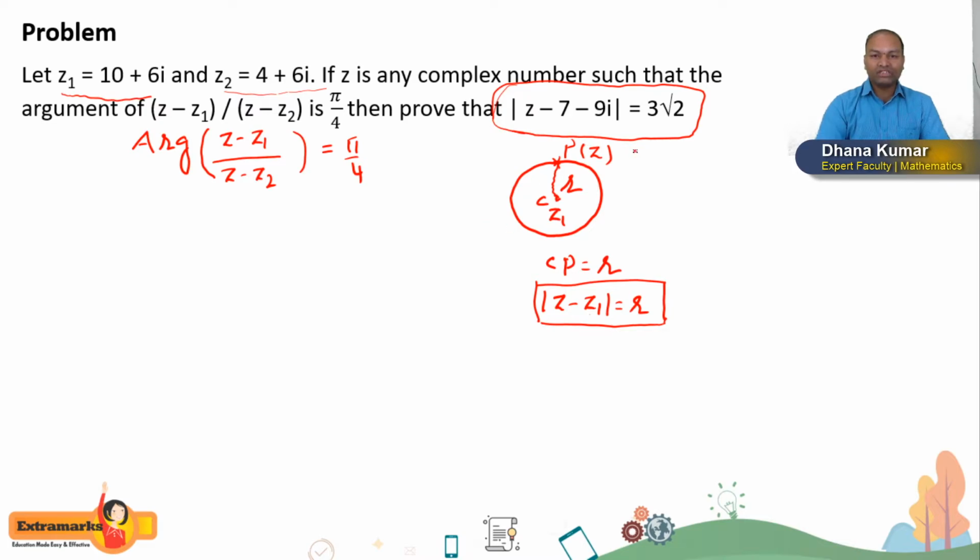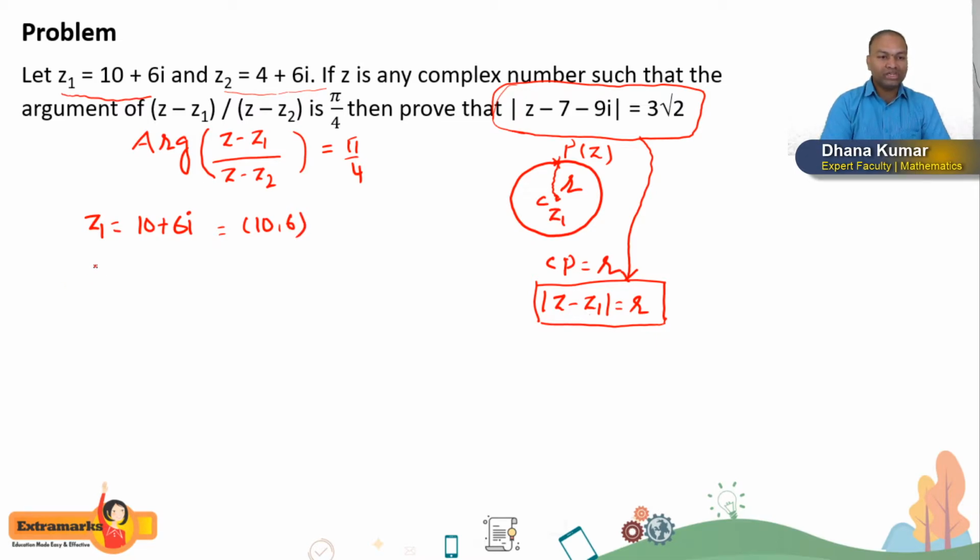Just you observe this one. The prove-that question is there. This condition is in the form of this one. Is it correct or not? Right. So now you observe this one, z1 is equal to 10 plus 6i and z2 is equal to 4 plus 6i. Simple question: 10 plus 6i can be written as 10 comma 6.